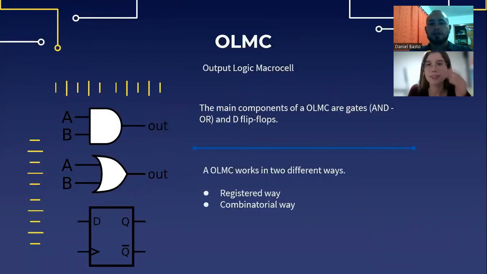Okay. What is OLMC? As Camila mentioned, this is an output logic macro cell. The main components of an OLMC are AND and OR gates and type D flip-flops. An OLMC works in two different ways: a registered way and a combinational way.